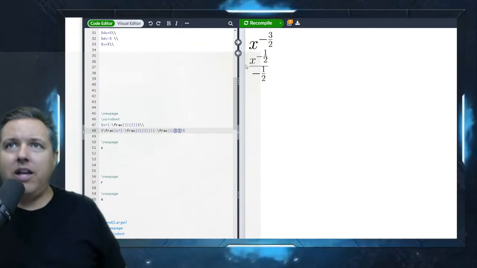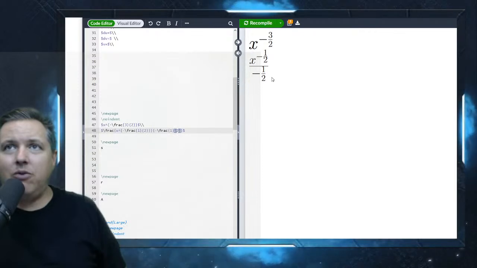That's just our integral rule. We raise the exponent by 1 and then divide by that new exponent.